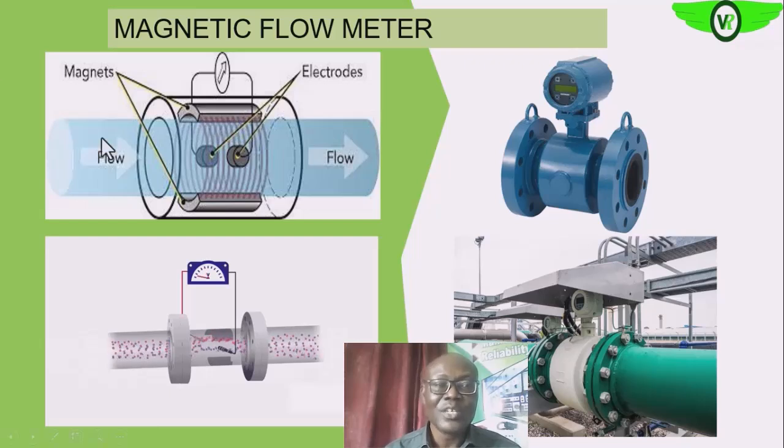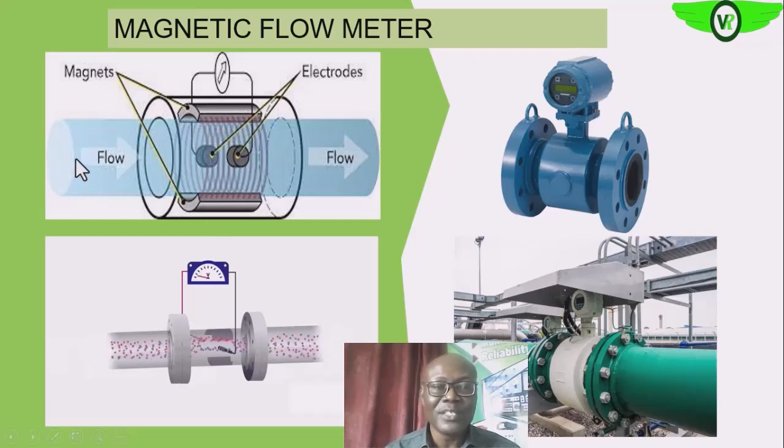Okay, so in our case, the conductor now is the fluid, which means the implication of this is that the fluid must be conductive for us to be able to use our magnetic flow meter. Okay, so we'll say the magnetic field is created by this permanent magnet. These are the magnetic lines of flux.